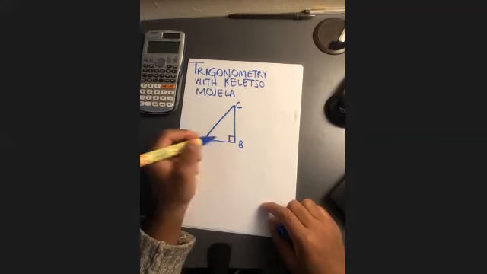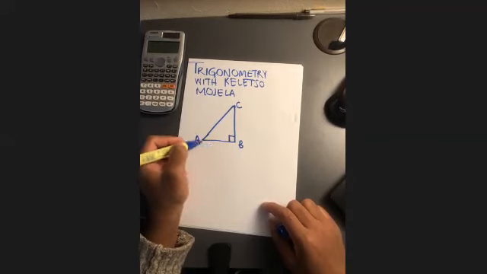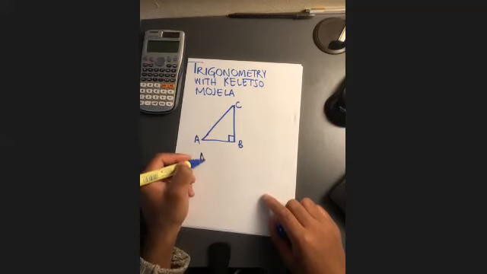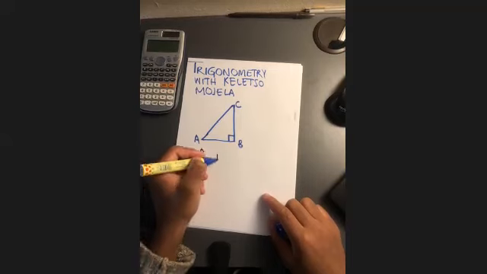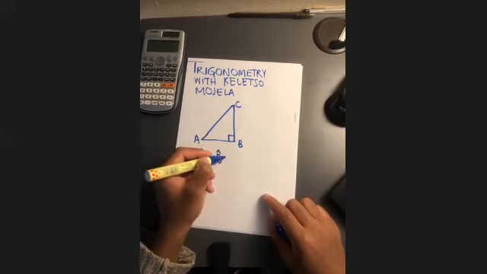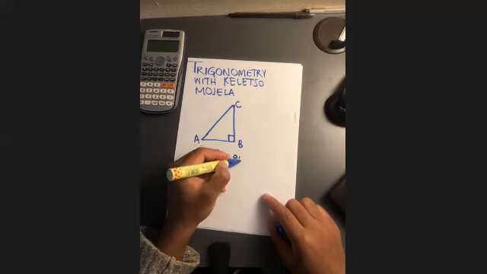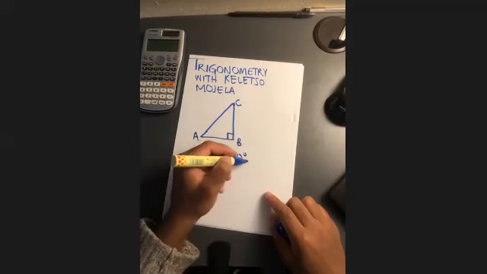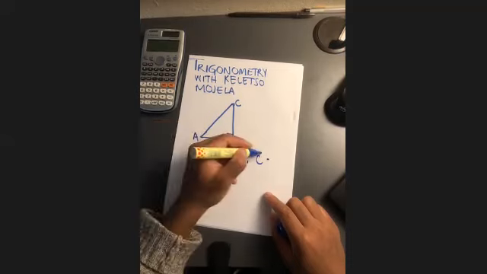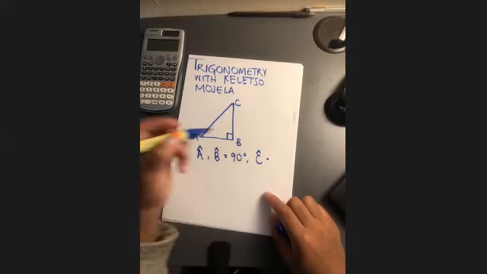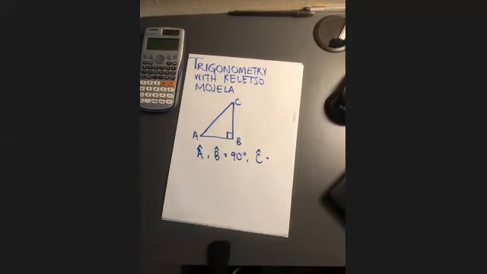You have a 90-degree angle, you have another angle A represented by this. So there's the angle A, and then you have angle B, which you already know is 90 degrees. And then we have angle C. We'll just call it angle C for the sake of this context.